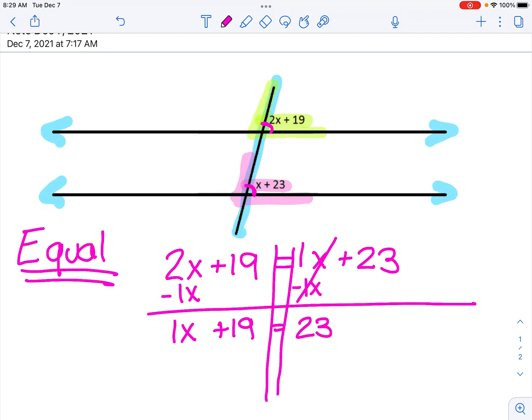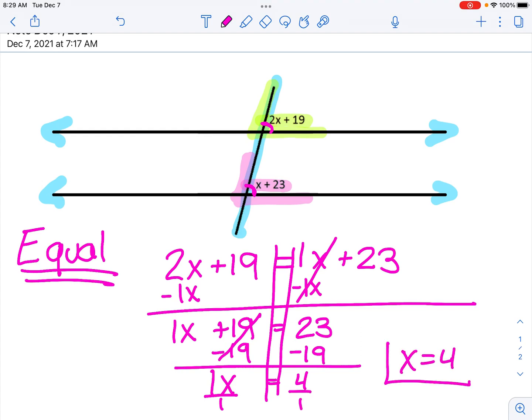Then I'm going to isolate my variable, or get my variable by itself, by next subtracting 19. So I type into my calculator 23 minus 19, and I'm left with 1x equals 4. I can divide both sides by 1 as a final step just to finish it out, and I get that x equals 4.